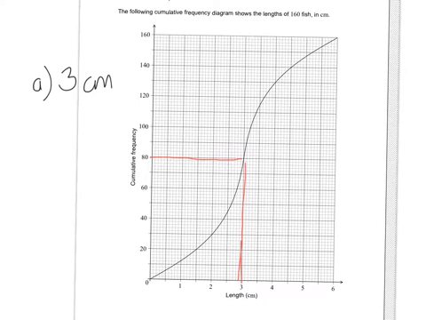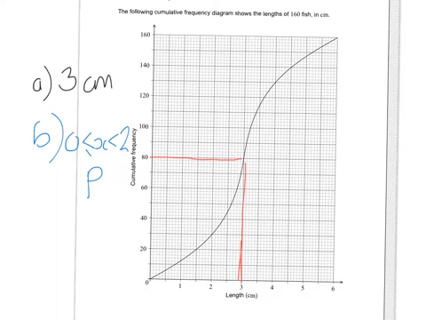Okay, part B was asking 2 things. It was asking you to write down the value of P, which was the number of fish between 0 and 2. It was written like this. X is between 0 and 2, P. And it was another write down question.